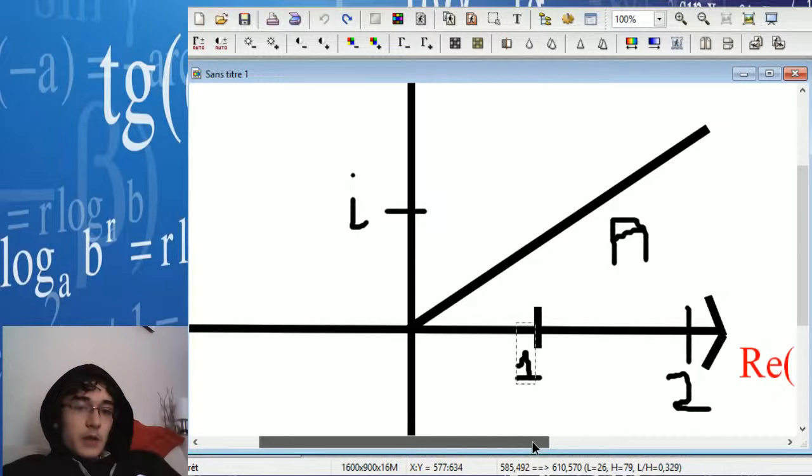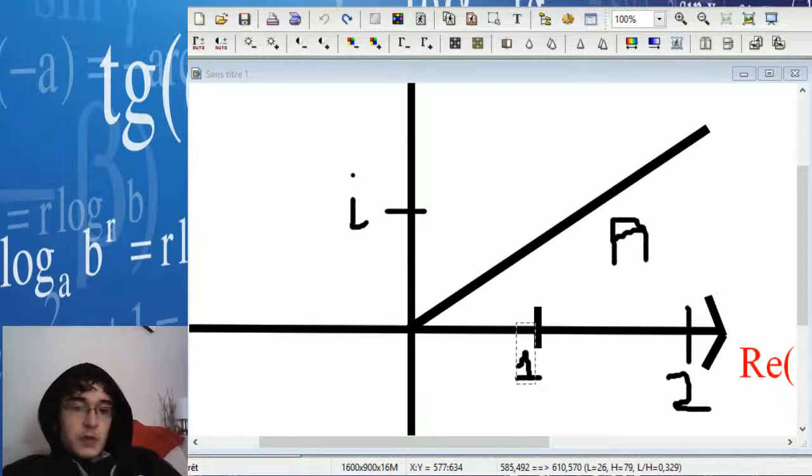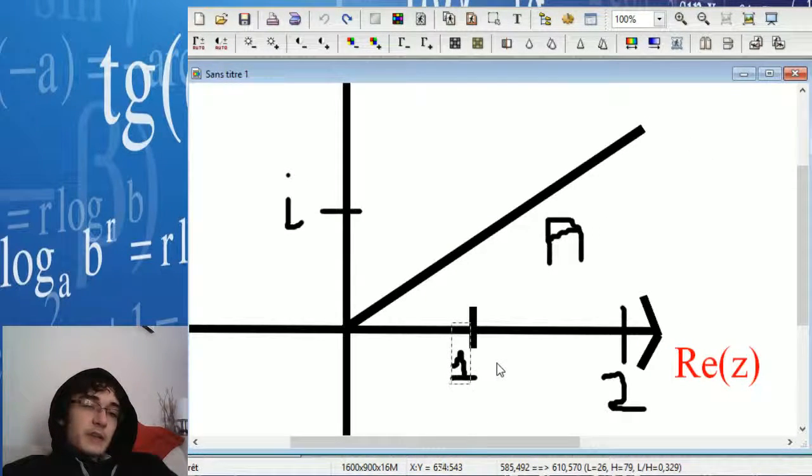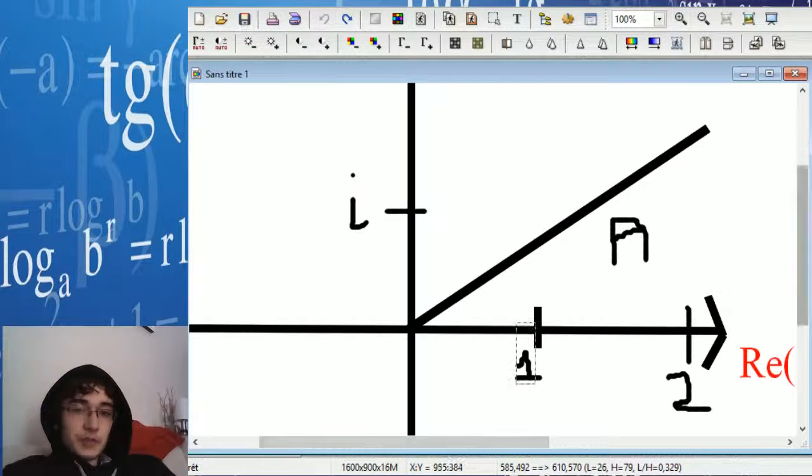Also, since J has the property that to the power 3 it must equal 1, it must have the property that the angle, when you apply it 3 times, must come back here. So you actually have 3 solutions.